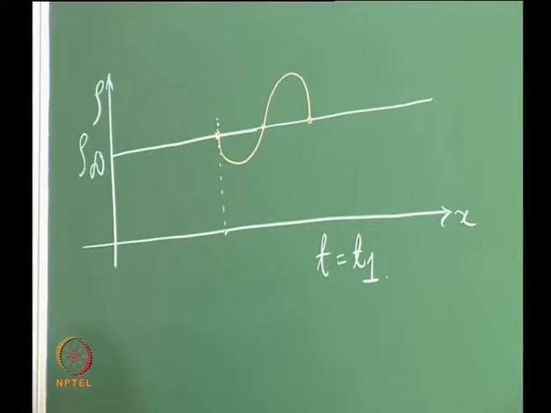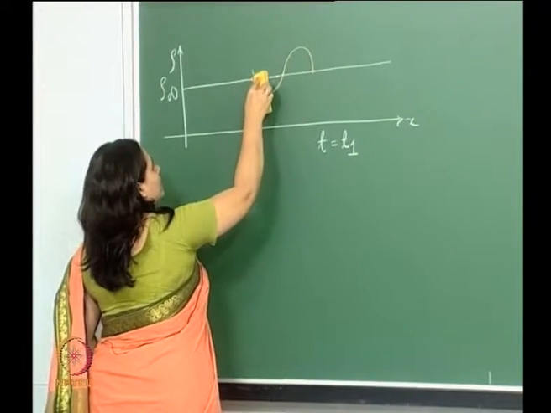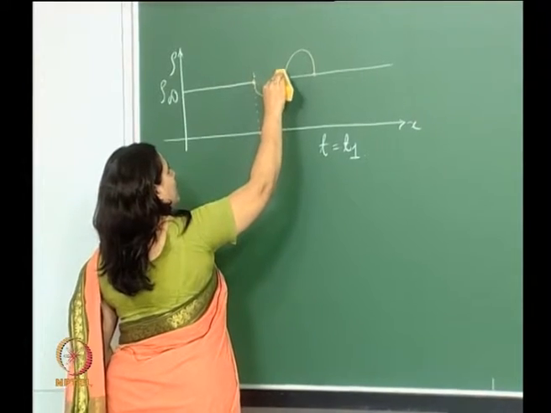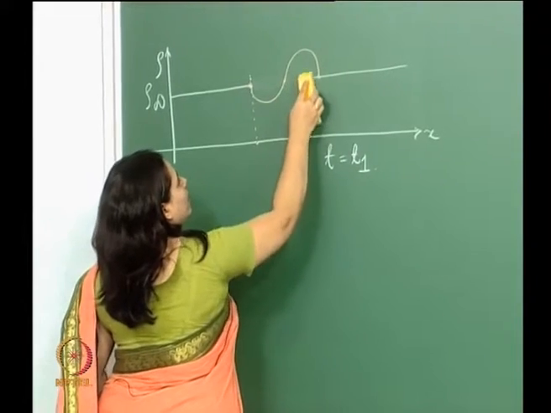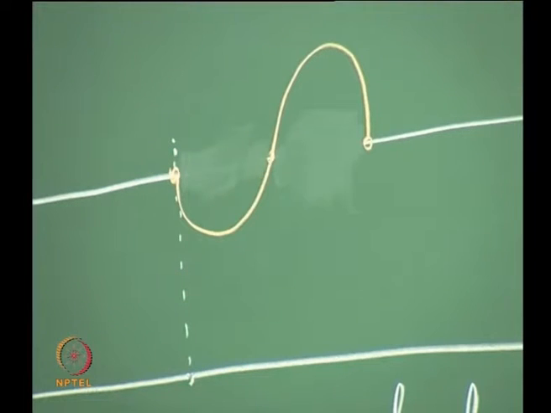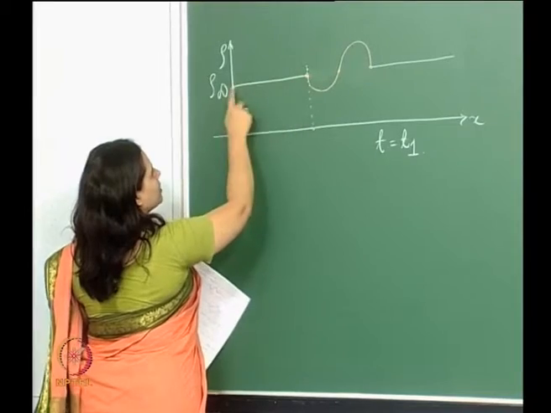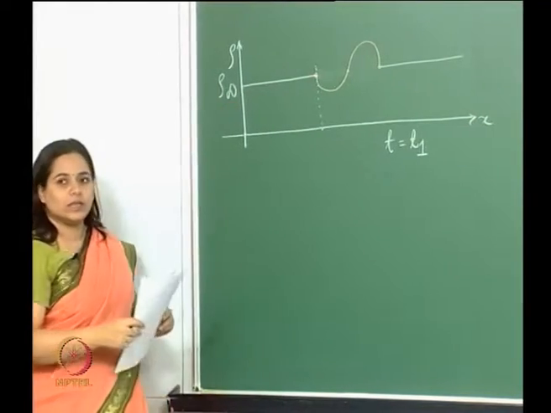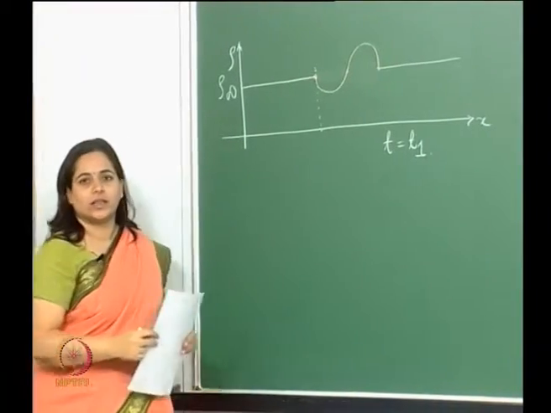Okay. This is something like this. What basically I am telling you here is that, for this distance of x, we have a free stream value of the density, and then we have a disturbance which looks something like this.